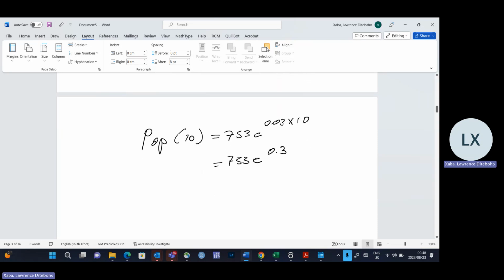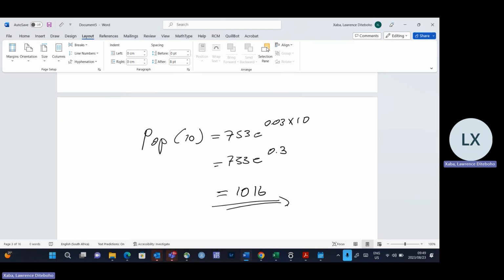We need to simplify that, and when you simplify that using your calculator, you press 753 shift ln to the power 0.3, then we get our answer. So after 10 years, we'll be having a population of 1,016 and 60.